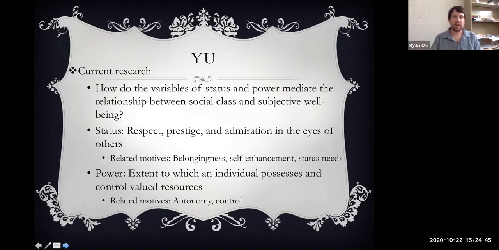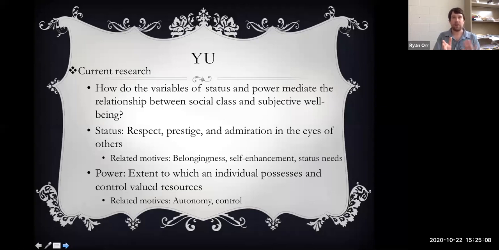So two motives that connect to power are autonomy and control. Basically the idea is when you have power, you have autonomy, you have freedom. When you have power, you have control. Likewise, when you don't have a lot of power, you lack freedom, you lack autonomy. And when you don't have power, you lack control.